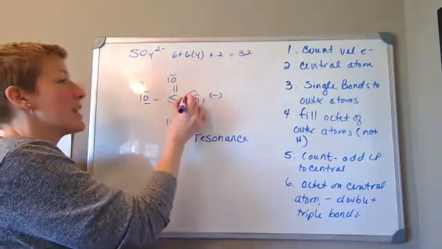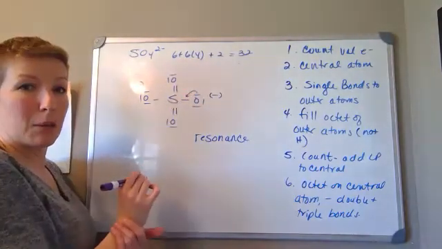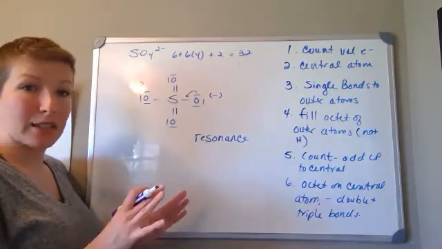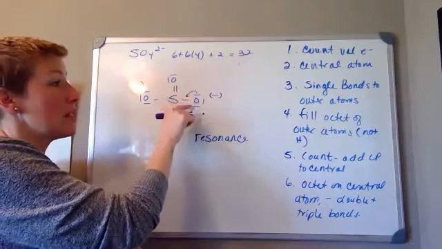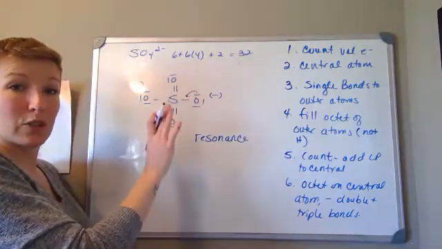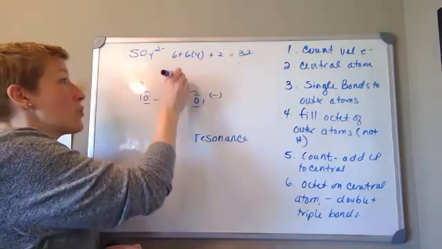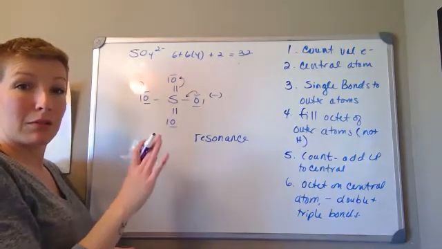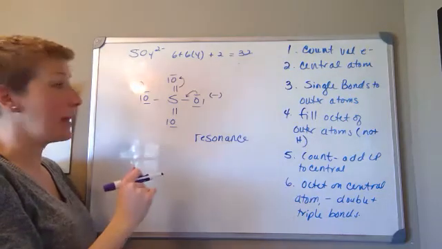So it kicks these electrons in to make a double bond. But sulfur now has as many bonds as it likes to have. So as soon as this oxygen kicks its 2 electrons in to get rid of its electron backpack, these electrons now have to kick out and be a single bond because sulfur can't handle that many.